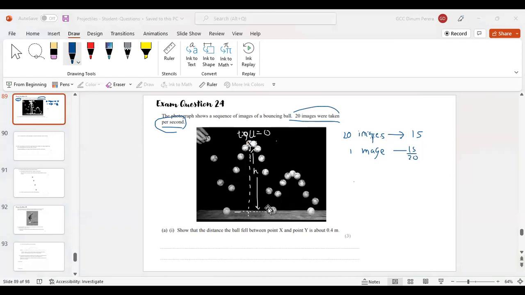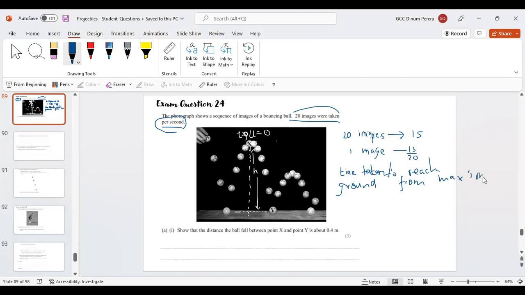So the total time taken to reach the ground from maximum height will be 1/20 seconds times 6, which is 6/20 seconds.